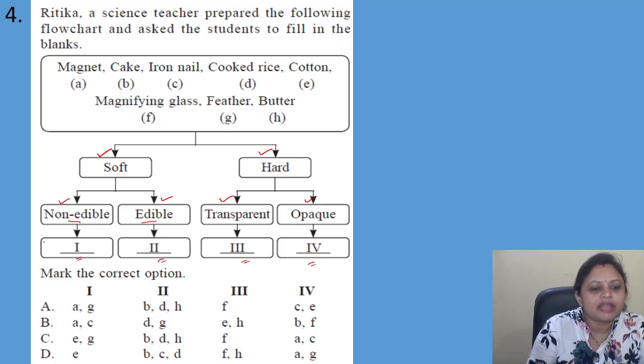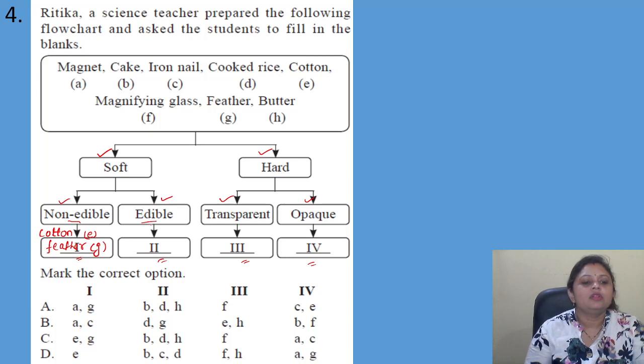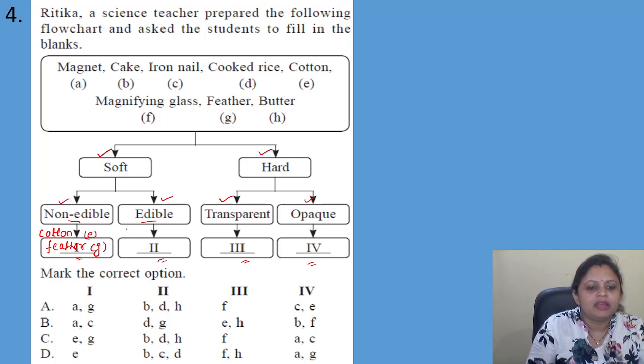It can be cotton, that is E. Then it can be feather, that is G. Soft and edible can be cake, that is B. Then cooked rice, that is D, and finally butter, that is H.